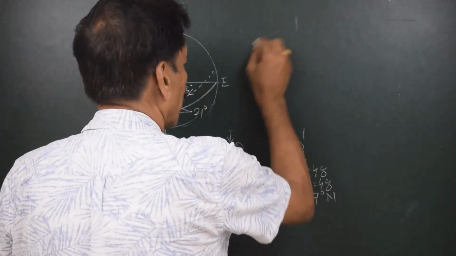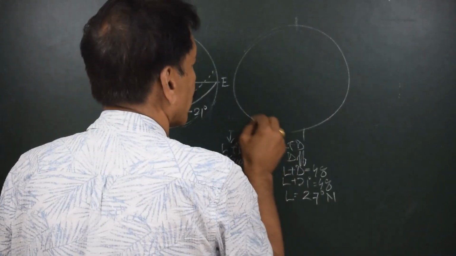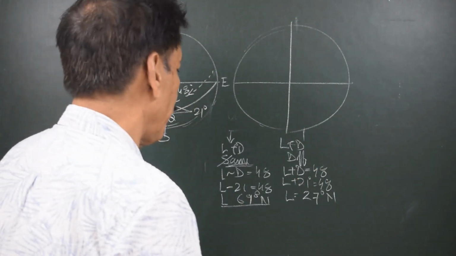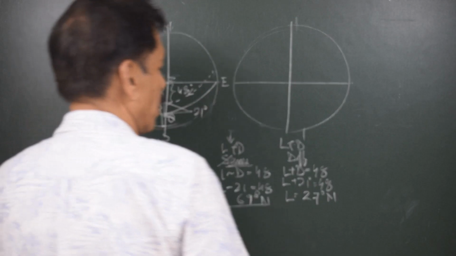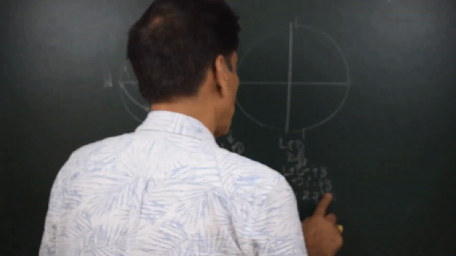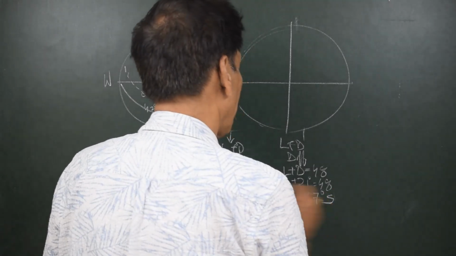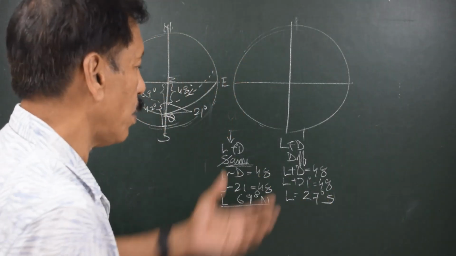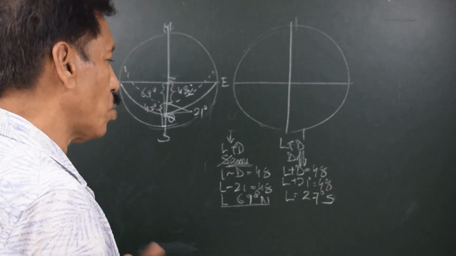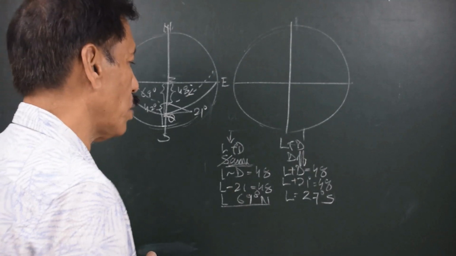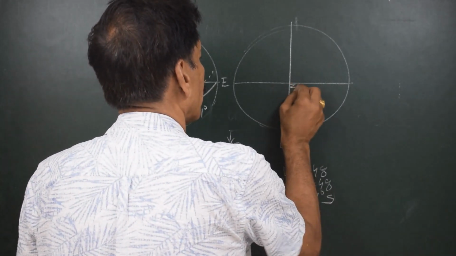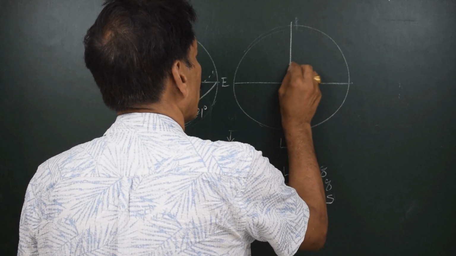Let's look at the other possibility. Other possibility is when the latitude and declinations are different name, and latitude, it seems, is 27 degrees, it should be south, 27 degrees south, because we are talking about latitude and declination being different name. Declination is 21 degrees north, so latitude is 27 degrees south. So this is Z. 27 degrees south means something like this.